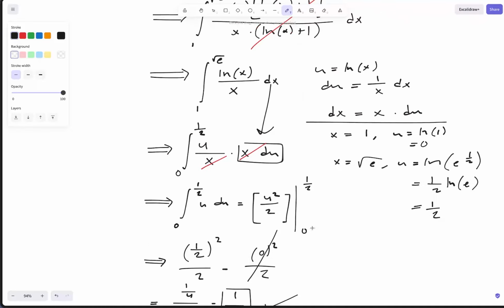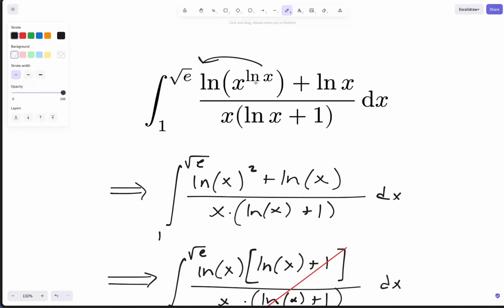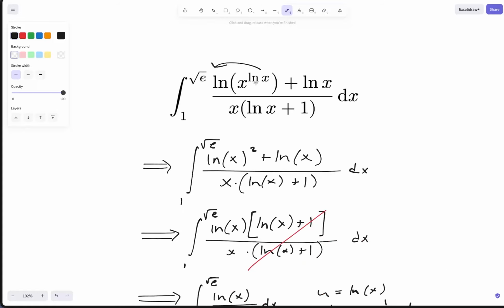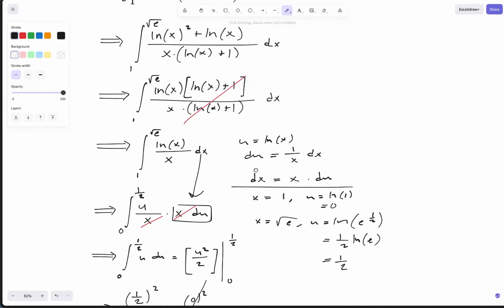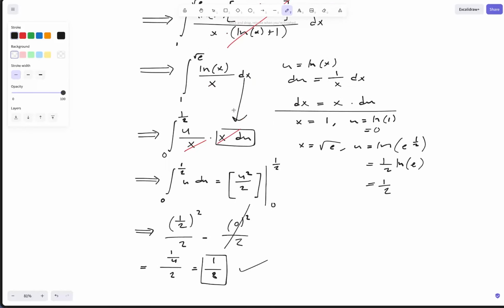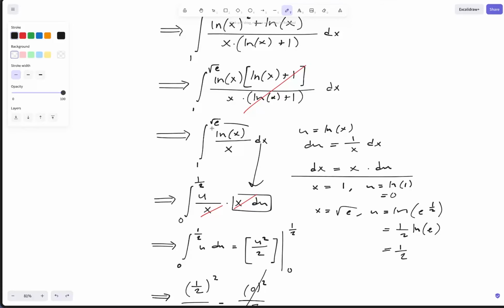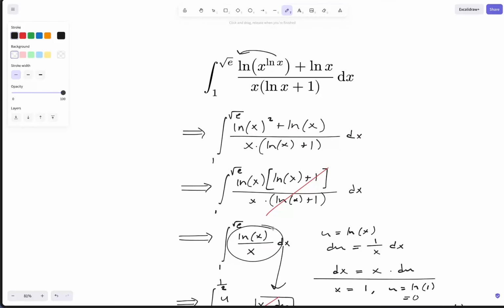So to conclude, we had this really scary looking integral at the beginning, but using just a simple algebraic trick, we were able to cancel out factors and get to a much, much simpler integral, especially with the simpler substitution here. After we have a much simpler integral, it's much more approachable to look at the problem.